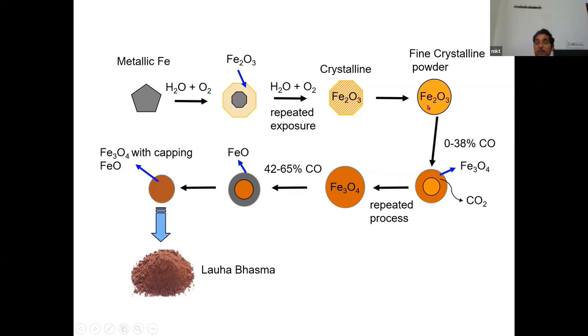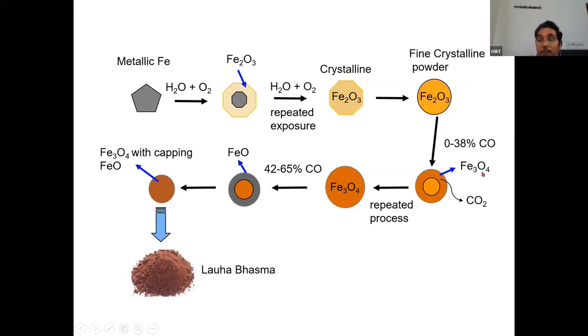What happens is that this Fe2O3 particle in the presence of carbon monoxide slowly reduces and converts to Fe3O4, and CO2 is released. And the repeated procedure again converts it to Fe3O4 completely. I think I have made a mistake, sorry.